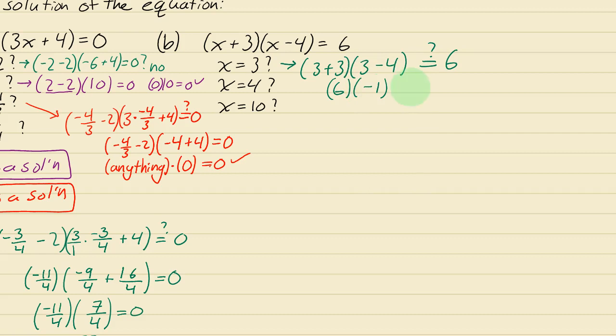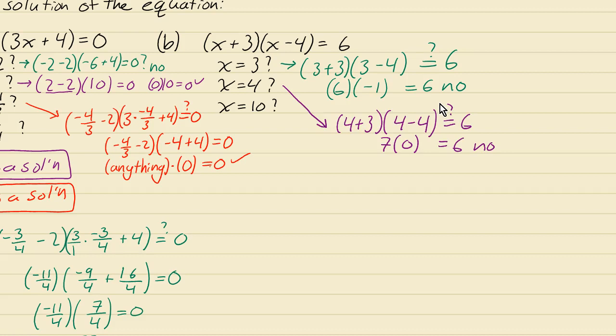Oh, so that doesn't work. The problem is if you make one of the factors 6, but then the other one isn't just 1, then you're going to get something that's not true. So x equals 3 is not a solution. If you plug in 4 into this, 4 will make one of these factors 0, but that doesn't help because you get 7 times 0 is 0, and 0 is not 6. So it's not a solution.